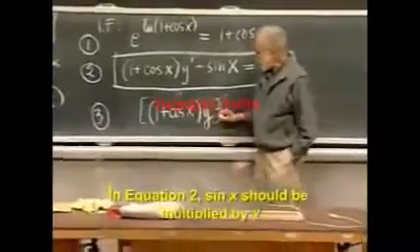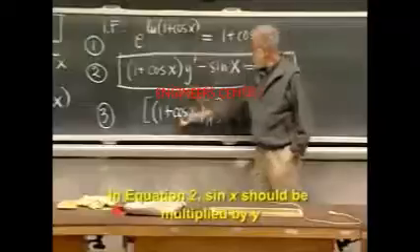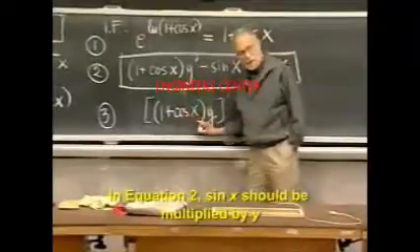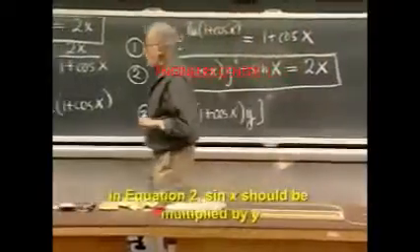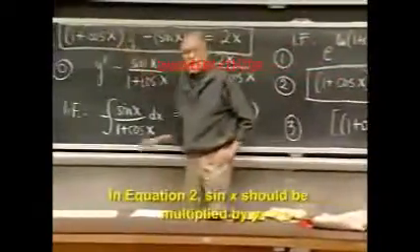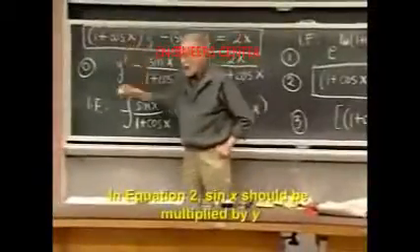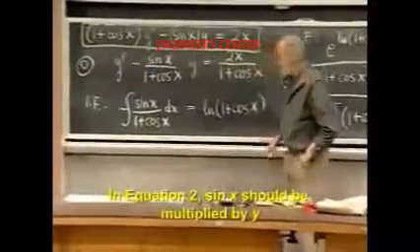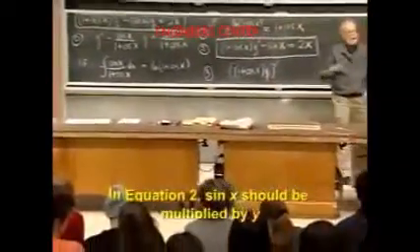Now, you can check that that's in fact the case. It's 1 plus cosine x, y prime, plus minus sine x, the derivative of this factor, times y. So if you had thought, in looking at the equation, to say to yourself, this is the derivative of that, maybe I'll just check right away to see if it's the derivative of 1 plus cosine x times y, you would have saved that work.